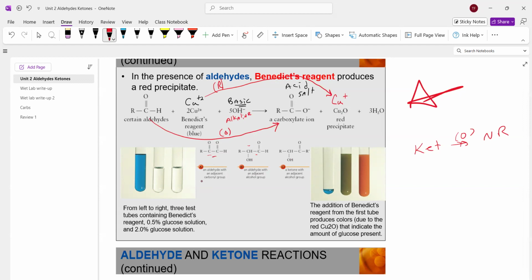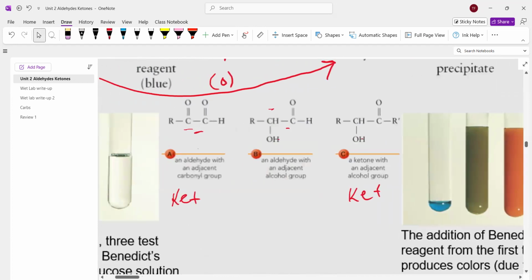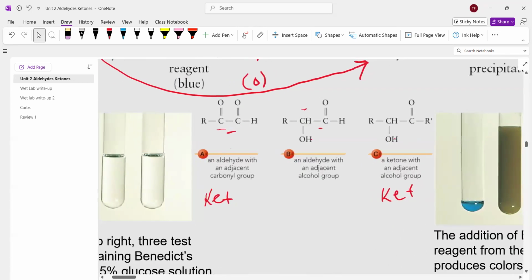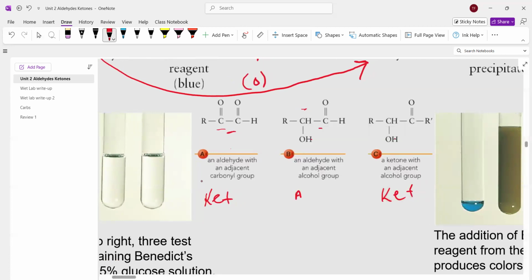Of course, this is an aldehyde, but this is a ketone. Let me make this bigger so you can see it. Of course, this is an aldehyde, so that can be oxidized because of that hydrogen there.